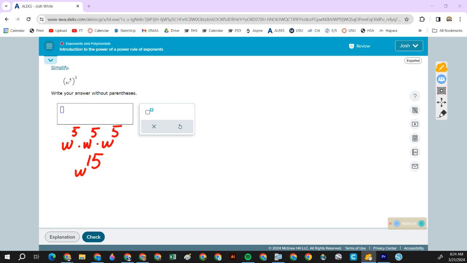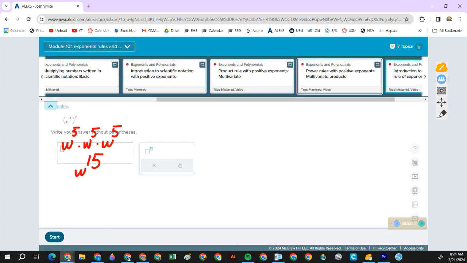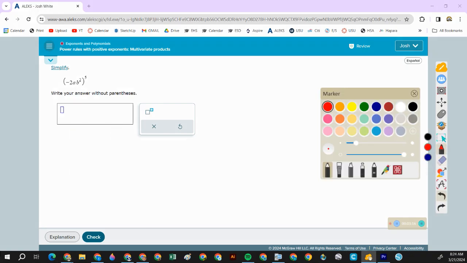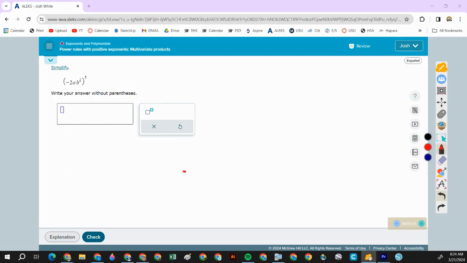Okay. All right. Negative 2ab squared raised to the 5th. So I'm going to rewrite this with exponents on everything.